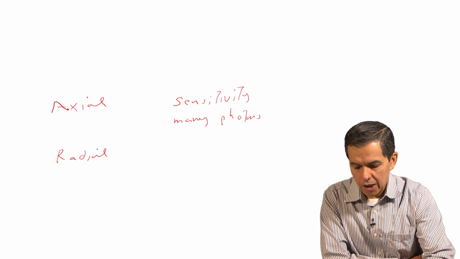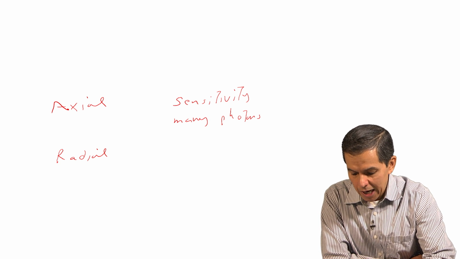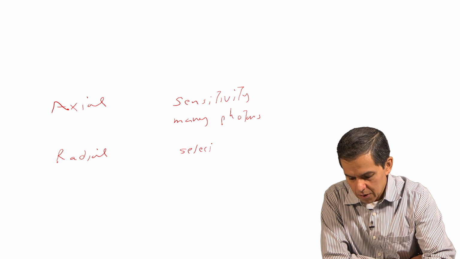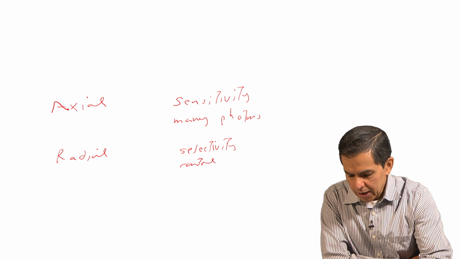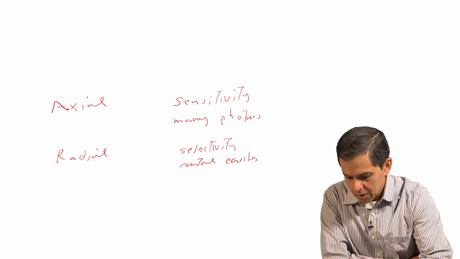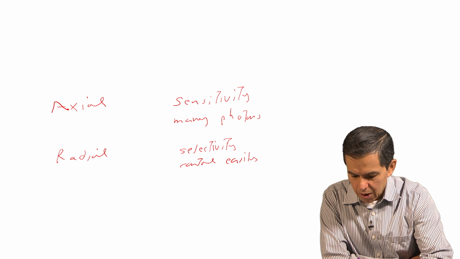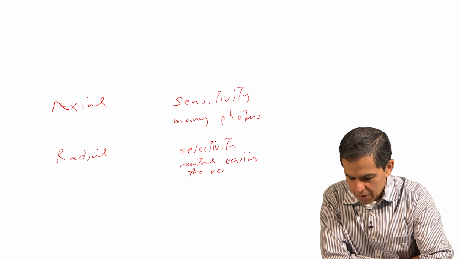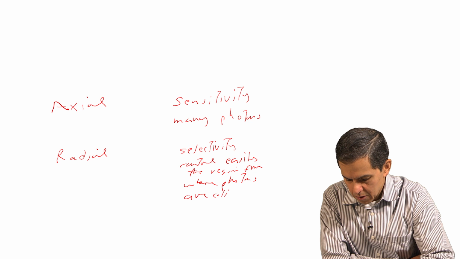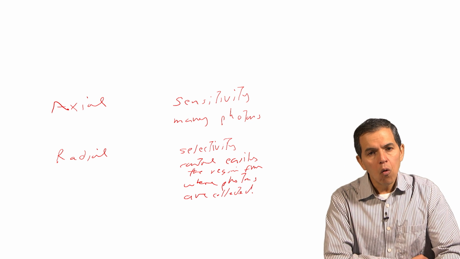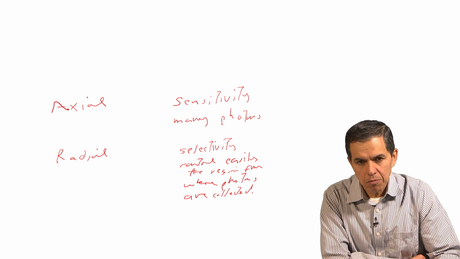This configuration is good when one is interested in obtaining high selectivity, because we can easily control the region from where photons are collected. Hence, we are able to eliminate the plasma photons.